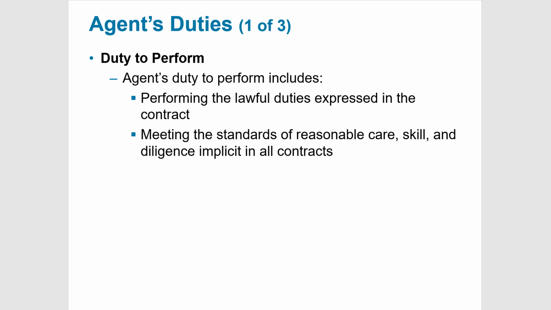What would we expect a reasonable plumber to do in this specific set of circumstances? This is the kind of thing that a court would determine later on if it actually goes to trial. But basically, the agent has a duty to do what they said they were going to do in a reasonable manner.